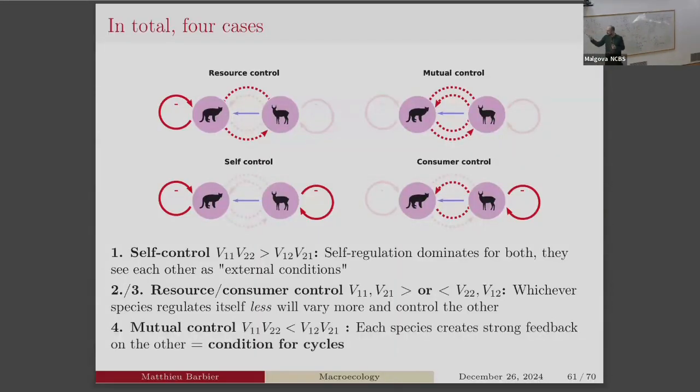And I can tell you that the way you would generalize this idea beyond Lotka-Volterra to more nonlinear models is that this V here is going to be precisely this term here. In any model, you can ask how much the equilibrium abundance is going to depend on, let's say, its own growth rate. That's something you can compute even for a much more nonlinear model. And that is going to be what matters in general for this picture beyond Lotka-Volterra or for many species. You can generalize all this for many species.